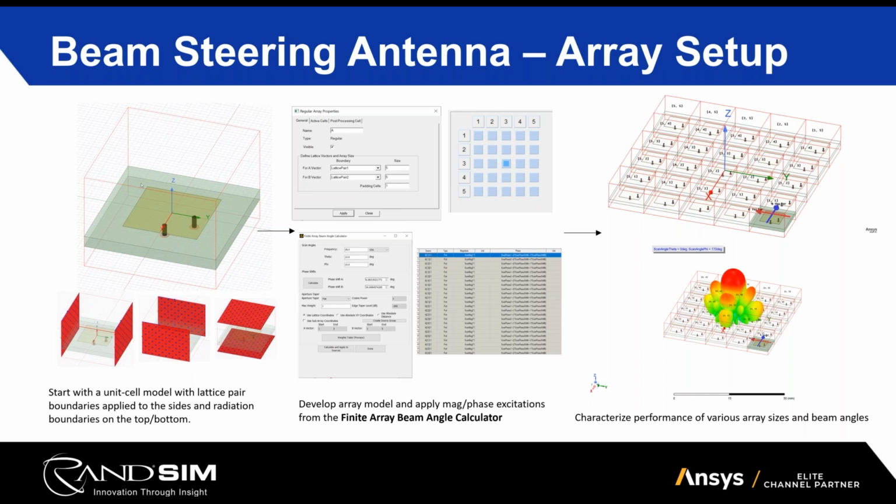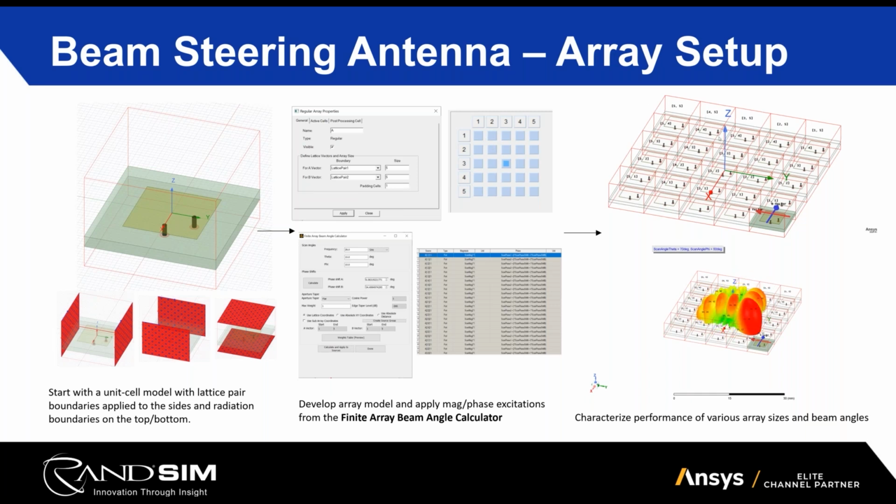A unit cell is essentially the single element that then has, instead of traditionally applying a radiation boundary around the entirety of this model, a radiation boundary only on the top and the bottom. On the left and right and front and back, the sides of it, we're applying what's called a lattice pair boundary, which allows us to then use the HFSS antenna array development tool to specify an X by Y, or an N by M, customized matrix that we desire.